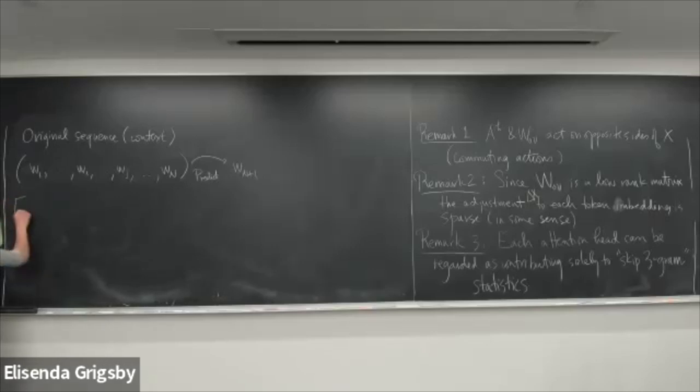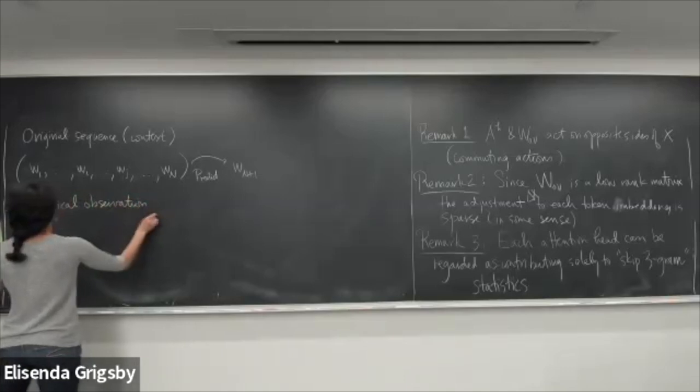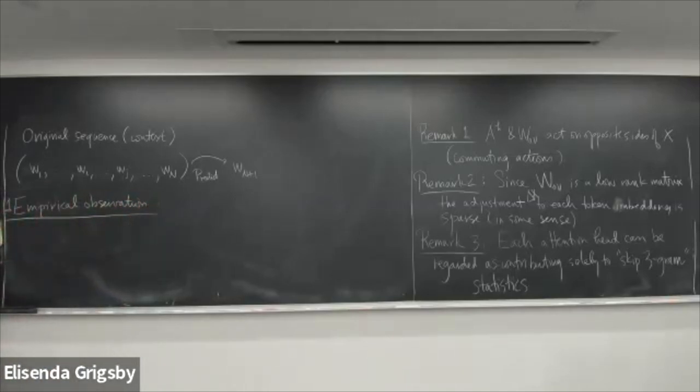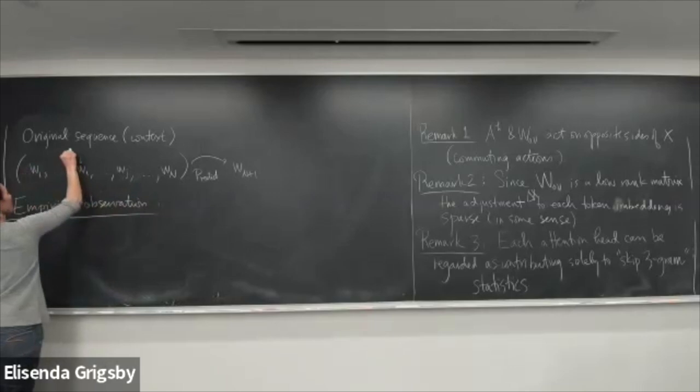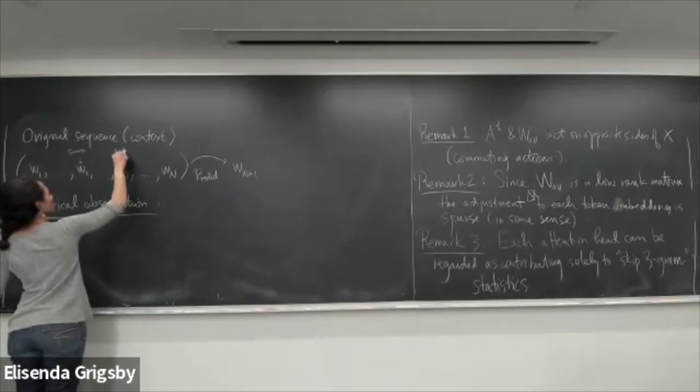So here are some empirical observations that they pointed out from the paper. One experiment that they did is that for each head, they looked at what they call the source token, and the destination token.